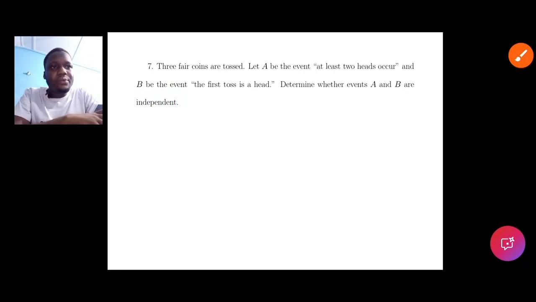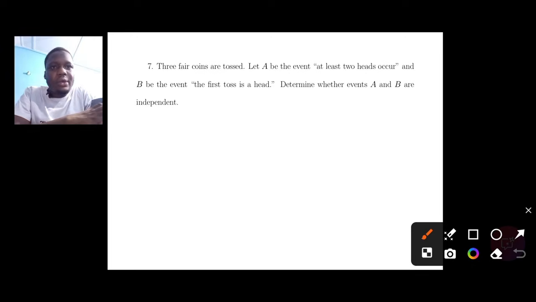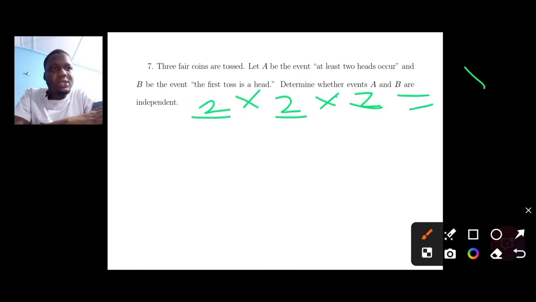3 fair coins are tossed. So the outcome for the first one is 2. Outcome for the second one is 2. Outcome for the third one is 2, because they are coins, head or tail. So first one, outcome is 2, second one 2, third one 2. So total outcomes of 8.